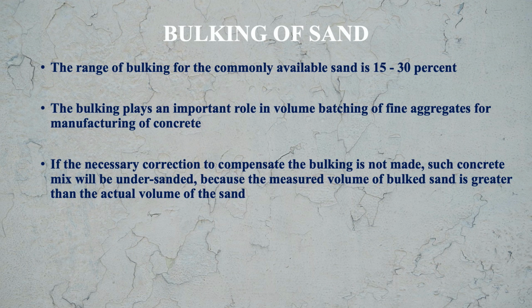Because of that it can create a problem, means we will not get the appropriate amount of fine aggregate that is required for our design mix. So necessary correction is required to compensate for the bulking.